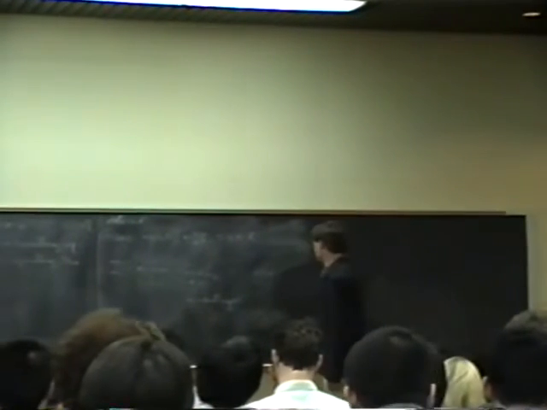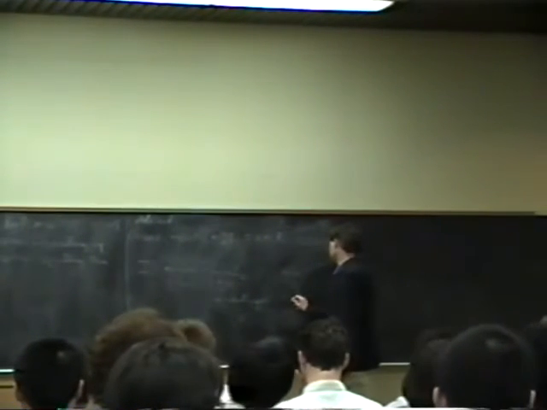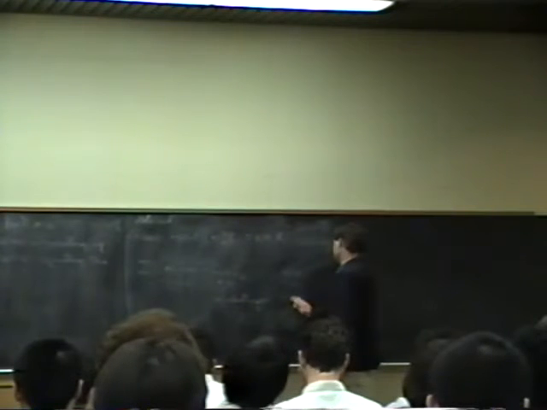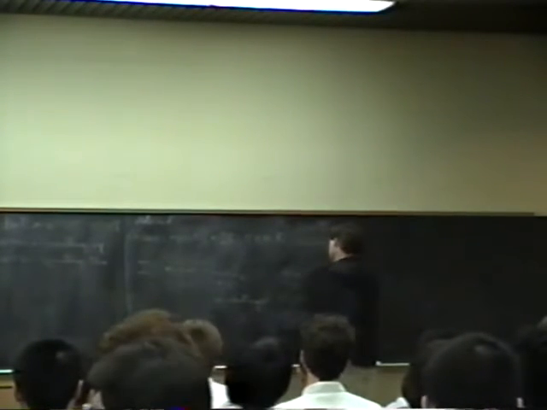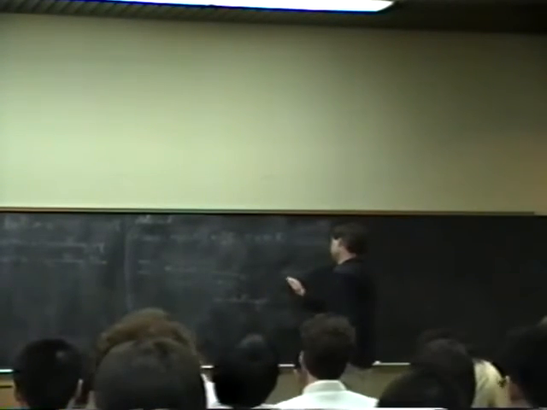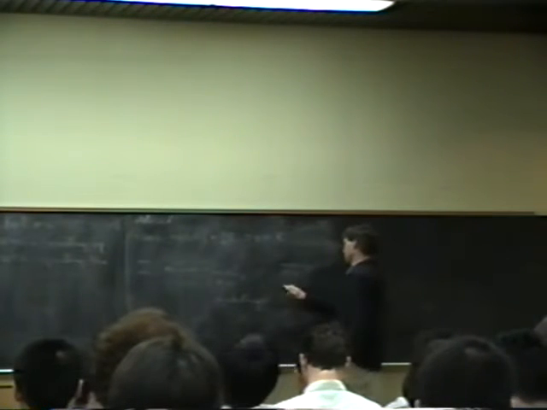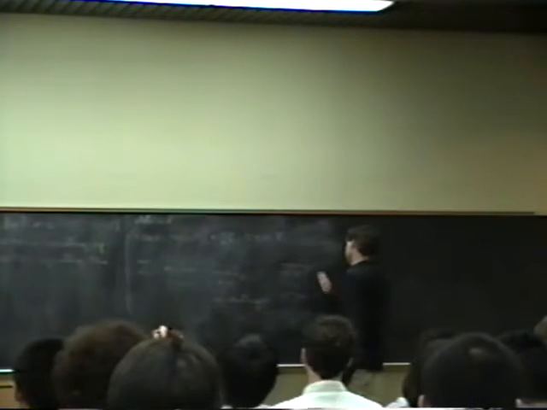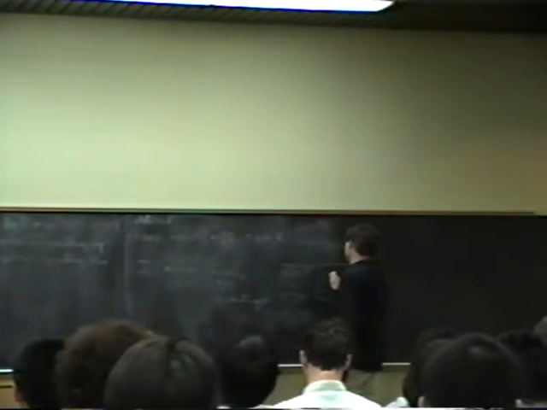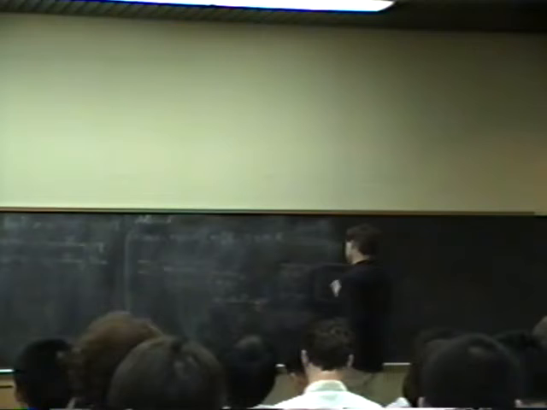So in one of them t is equal to theta and s is equal to rho, and in the other case t is equal to theta plus pi.